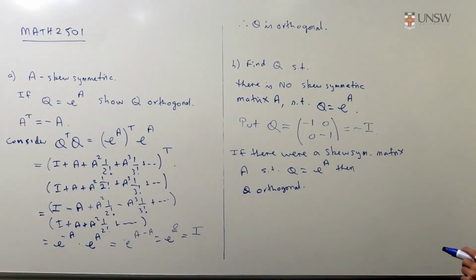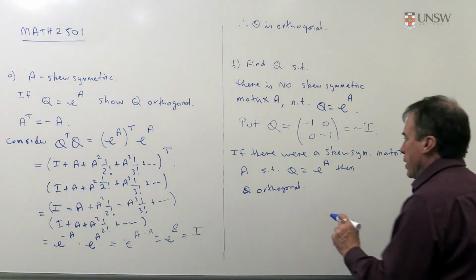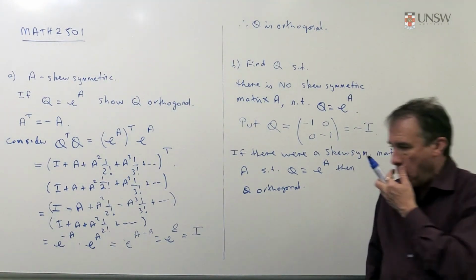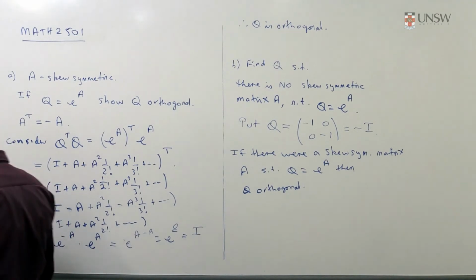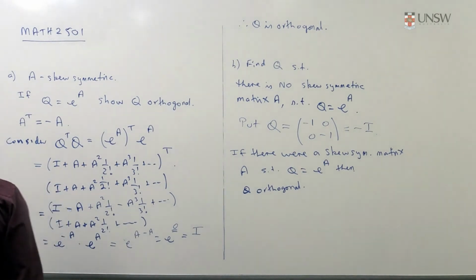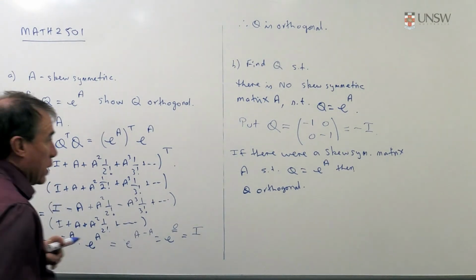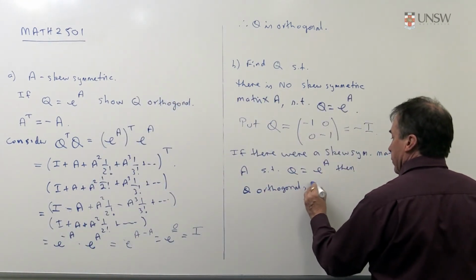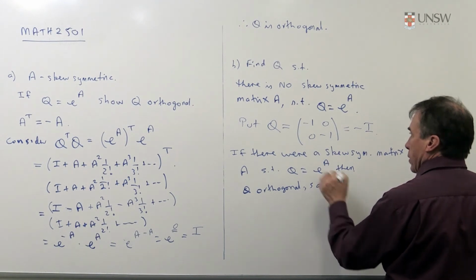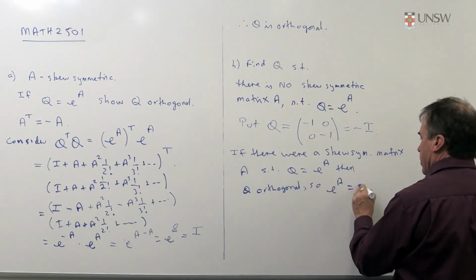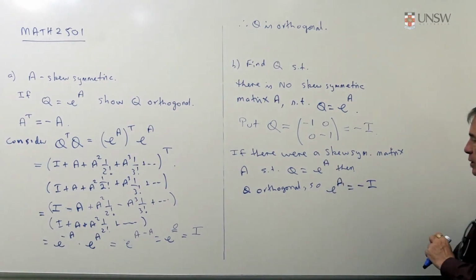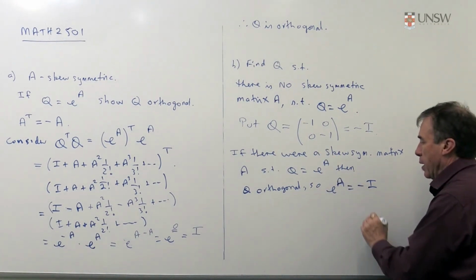So that would mean then, if Q is an orthogonal matrix, then e to the A is equal to minus I, because Q is minus I. Okay, so I just plug that in. I get e to the A is minus I.